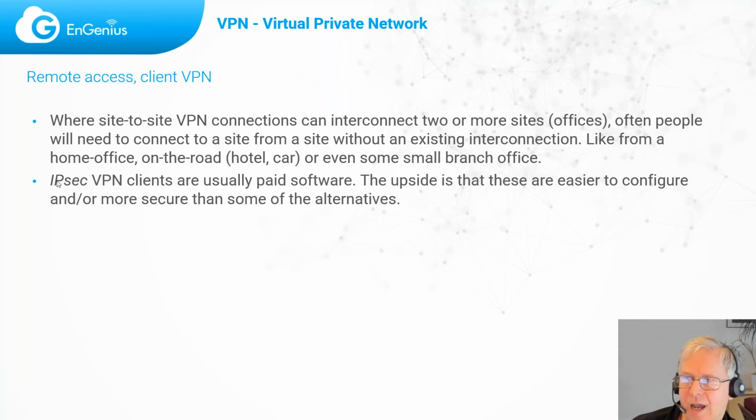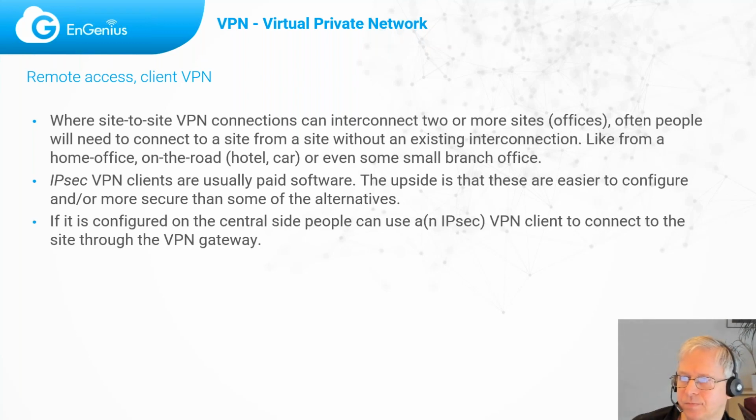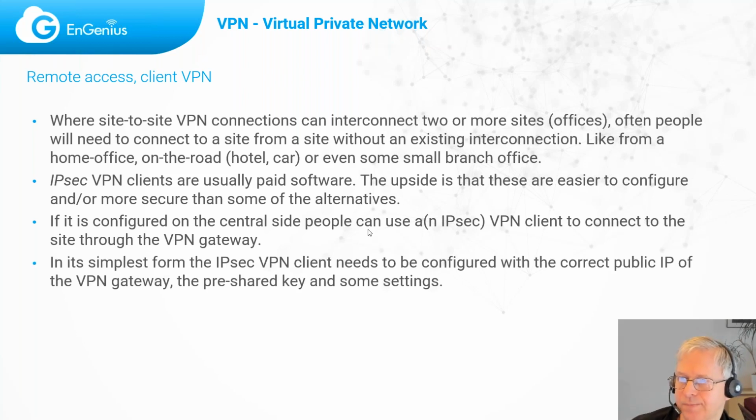If you talk about IPsec VPNs, these are usually paid software, but the upside is that these are much easier to configure and often more secure than some of the alternatives. You need to have this set up on your central site to make it work.